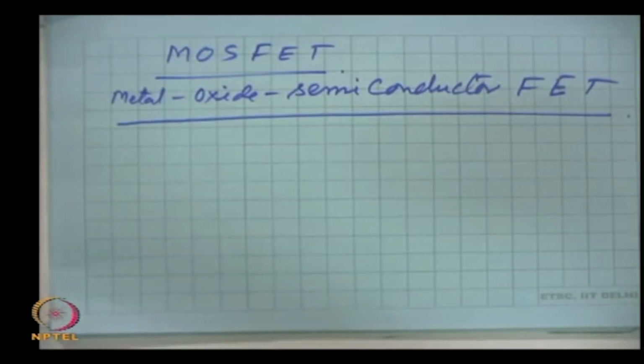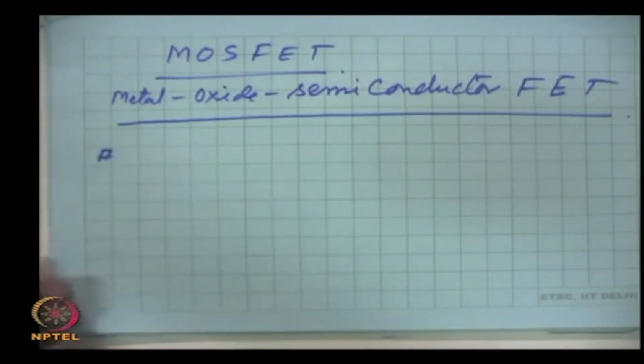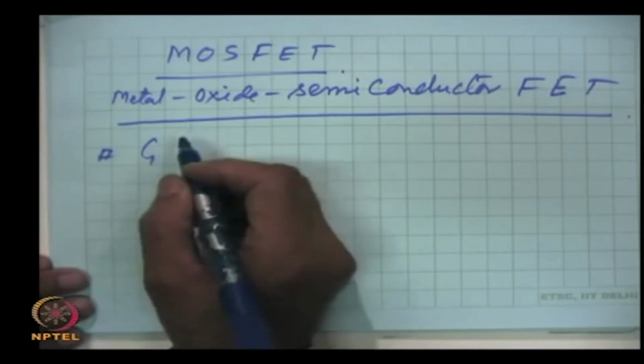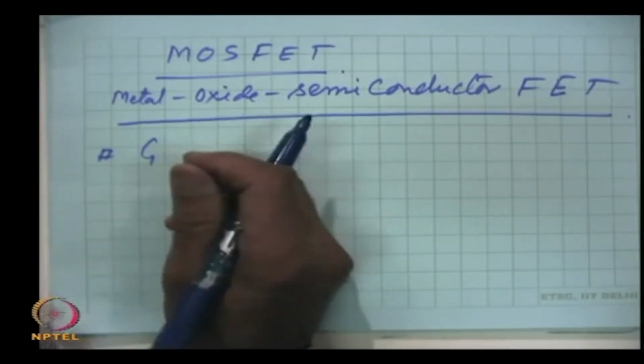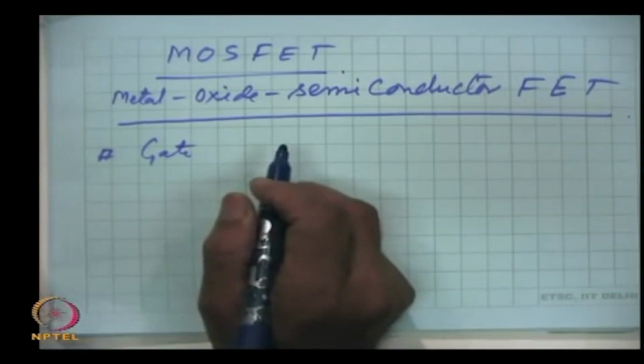As the name suggests, here the gate, this is very important and a basic difference, and that gives all the differences. The basic difference between a junction field effect transistor and a MOSFET is that here gate is separated by an insulating layer, oxide layer. If we are talking of silicon, then a thin layer, by thin I mean for example 50 angstroms thin, this oxide layer separates the semiconductor from the gate electrode.